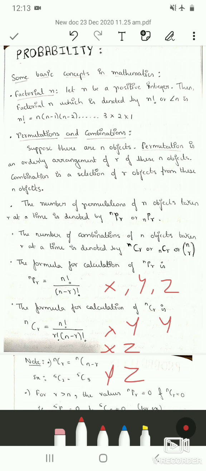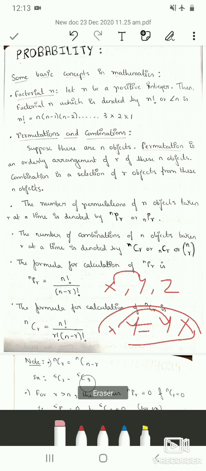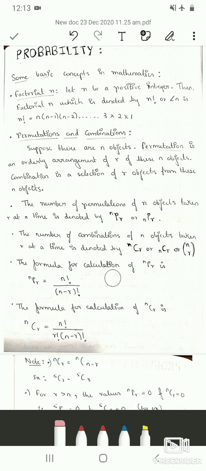YX is the same as XY because these 2 persons are the same. So here the order has no significance. We are just selecting the required objects from the set of objects. Therefore such a selection is called a combination.